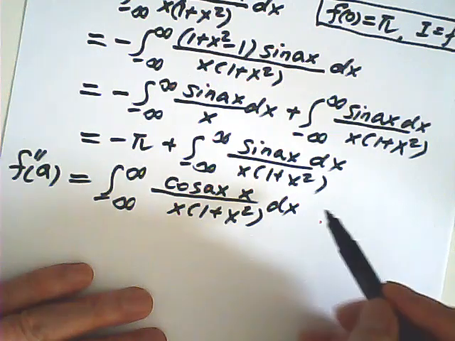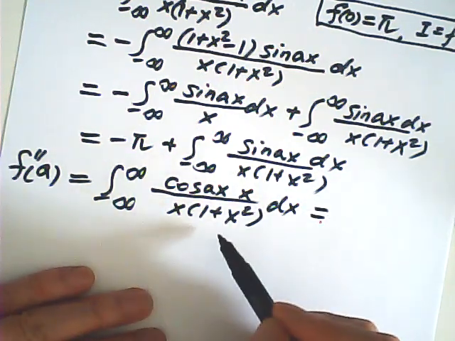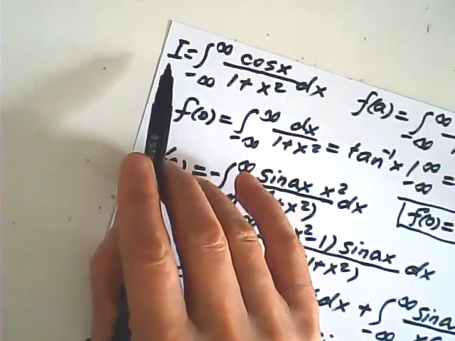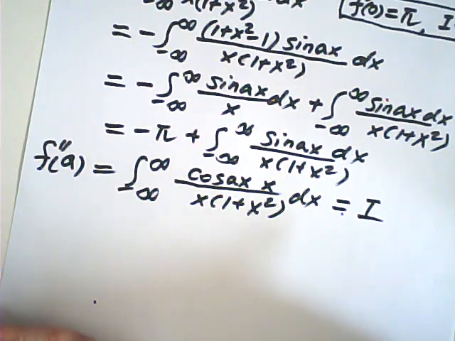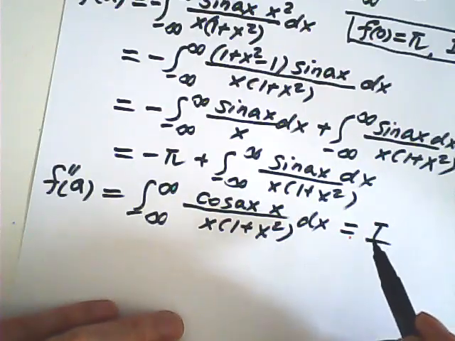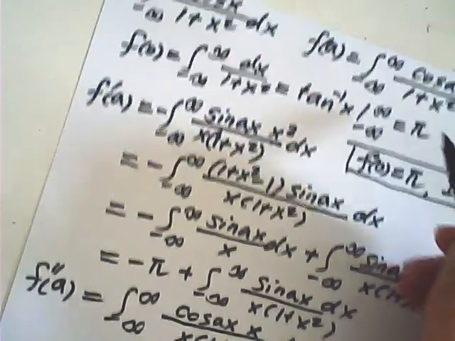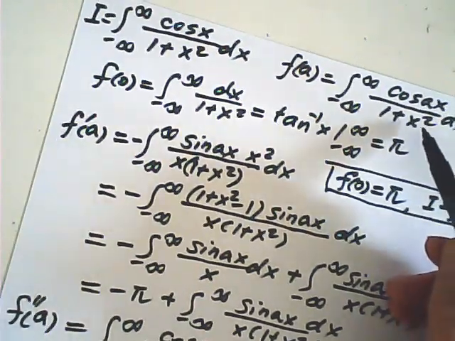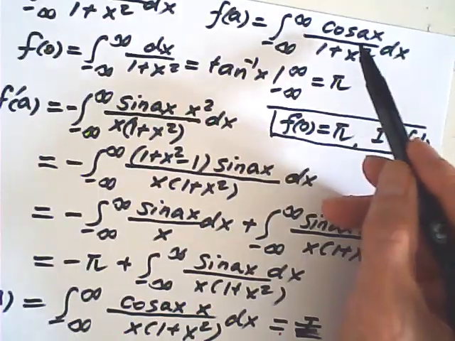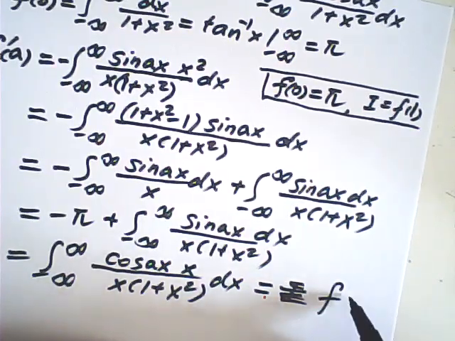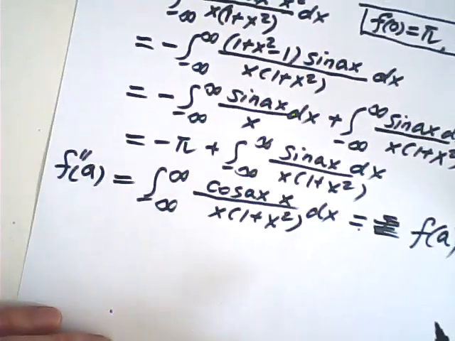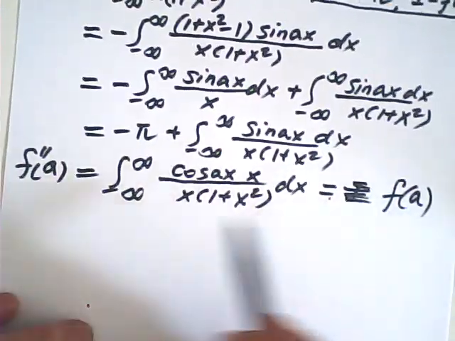After cancellation of x, that's exactly my I. Oh, not my I, sorry. It's not equal to I, it's equal to f of a. Cosine ax over 1 plus x squared, after cancelling this one, so this is f of a.